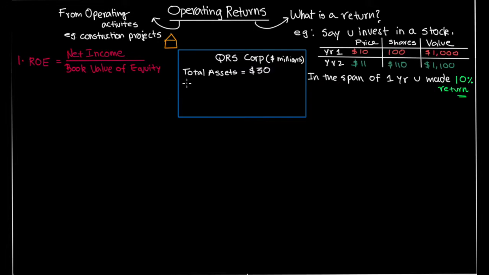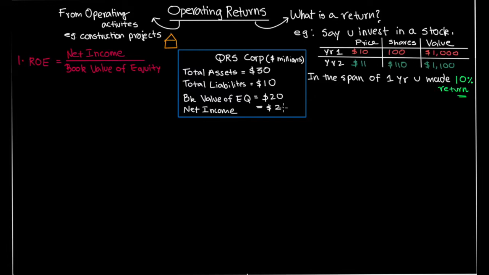Total assets is about 30 million and total liabilities is, let's say, 10 million. And we have the book value of equity. If you calculate it, 30 minus 10 is 20 million. Let us also add the net income over here. I have basically gathered all the necessary data that we'll be working with.